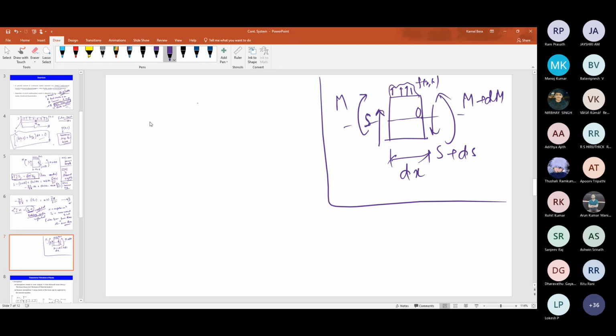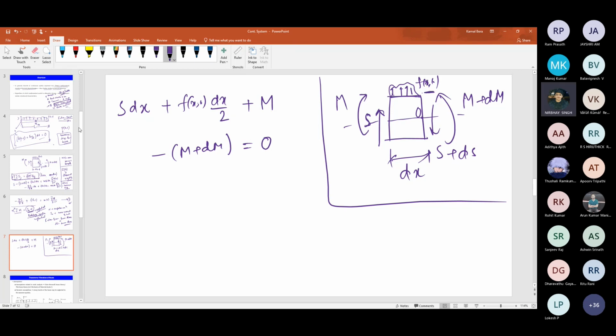So please tell me what is the moment. S dx, plus f(x,t) dx by 2, plus M, minus M plus dM, equals 0. The total force is f dx, into dx by 2, where f(x,t) is the distributed load.